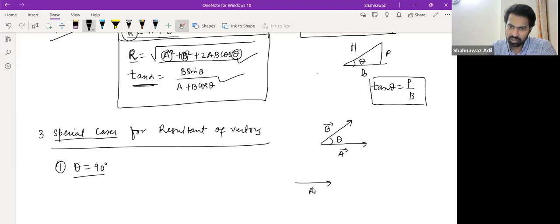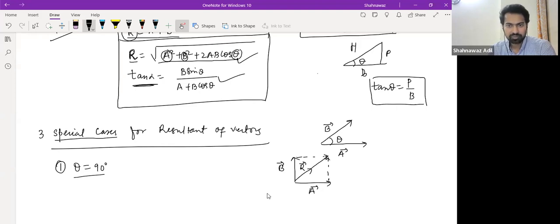So this is A and this is B. What would the parallelogram be? The parallelogram would be a rectangle. In this case it appears to be a square, but if A and B are different, this would be the result.